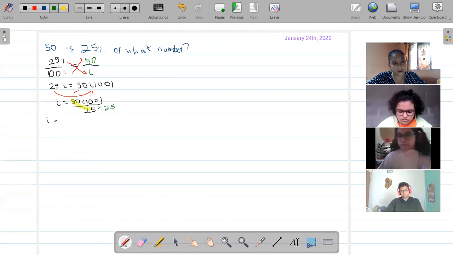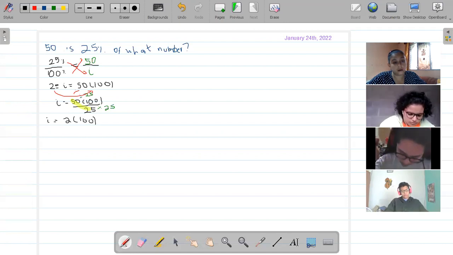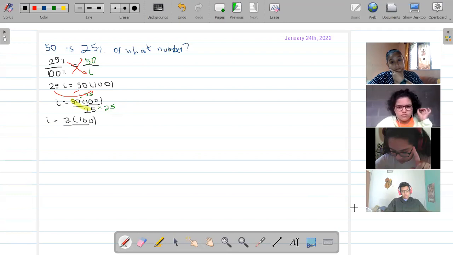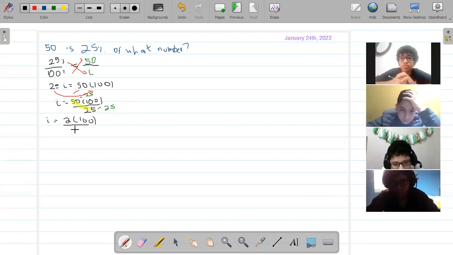So I'm going to simplify both by 25. 50 divided by 25. Yes, Natalie, 2 times 100 over 25 divided by 25. Yes, 1.